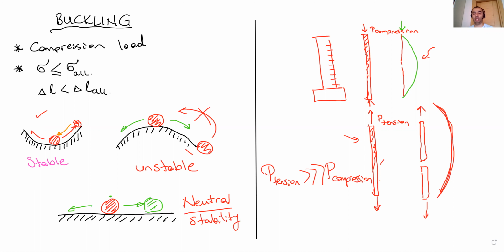To do that, we have a theory, Euler theory. Let's talk about Euler's theory. It helps us to calculate the capacity of the compression members.